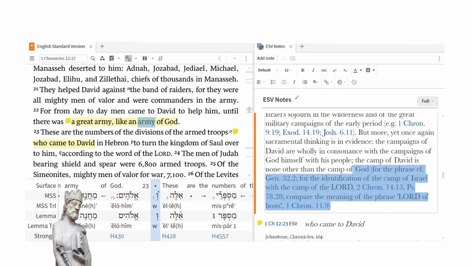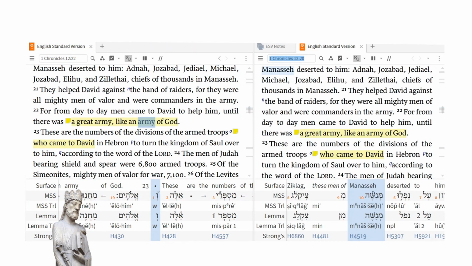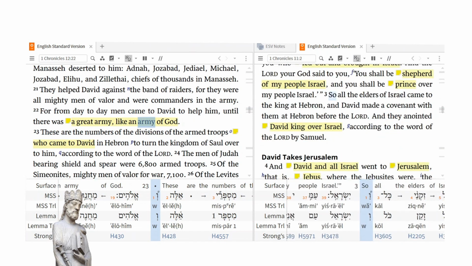And this brings to mind one point that I'm not sure if we went over, and that's that Johnstone believes that this covenant process was done before the Ark of the Covenant because of some of the unique language used there. Let's actually just bring back the beginning of this section, because in 1 Chronicles 11, they make a covenant before the Lord.